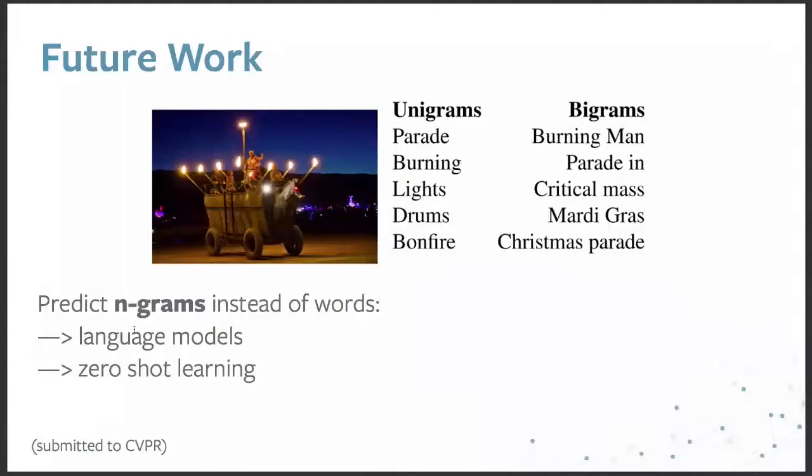But if you go to bigram, you can capture things like Burning Man, which I think is where this happened. So you have information that if you just predict words won't be enough. We extended that to n-gram models, and that also allows us to do things like language modeling and zero-shot learning, because now you can predict any kind of words or trigrams, fourgrams, and so on, and so any kind of classes you usually have in normal computer vision datasets.